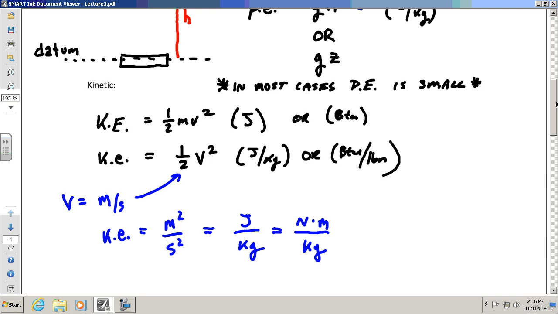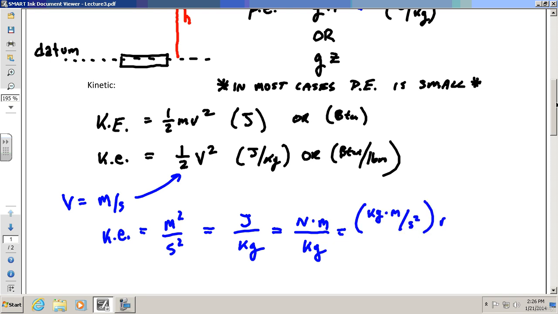Now the question is, what's a Newton? A Newton is a force, but what are its units if you break it up? A Newton is a kilogram meter per second squared. So I'm going to take that Newton and replace it with a kilogram meter per second squared.